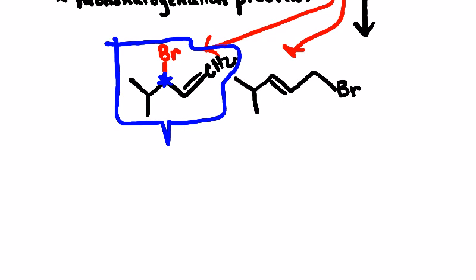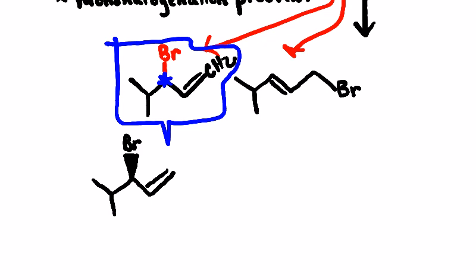So in its full, complete detail, showing the stereochemistry, I'm going to show the bromine coming at me as a wedge, and that will give us one of our 2 enantiomers.